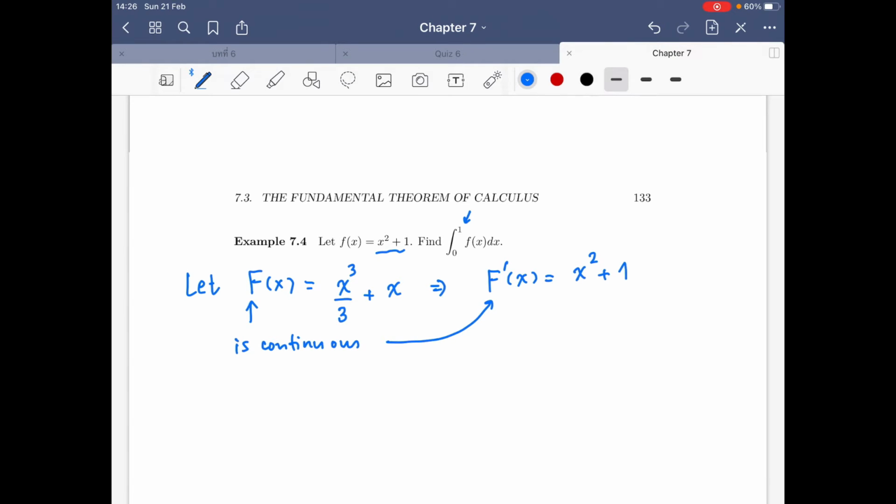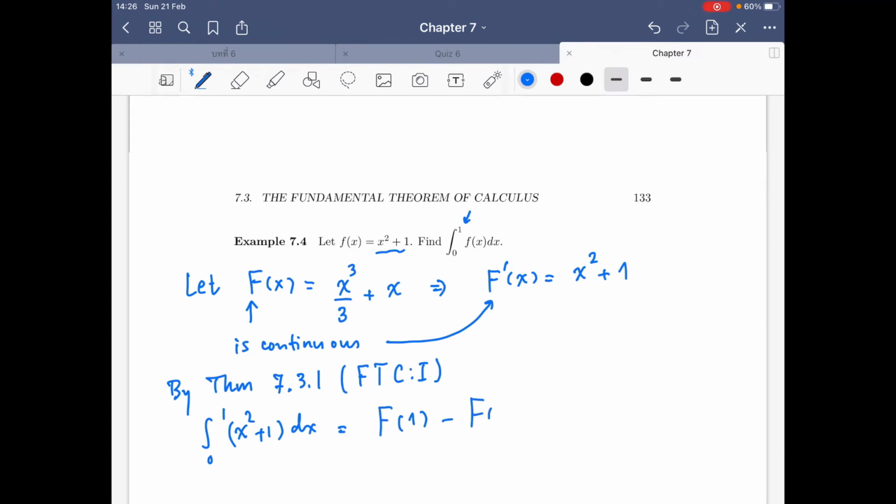So by theorem 7.3.1, which is the fundamental theorem of calculus, the first version, we know that the integration of this function is the same as capital F at 1 minus capital F at 0. Capital F at 1 is simply 1 over 3 plus 1, and subtract 0 over 3 plus 0, which is of course 0.